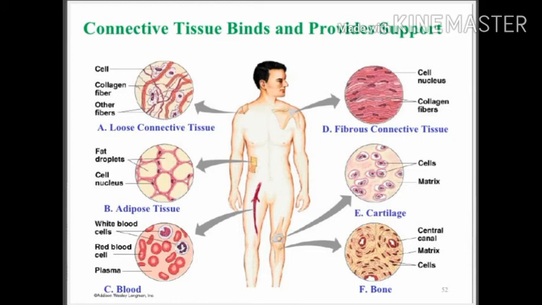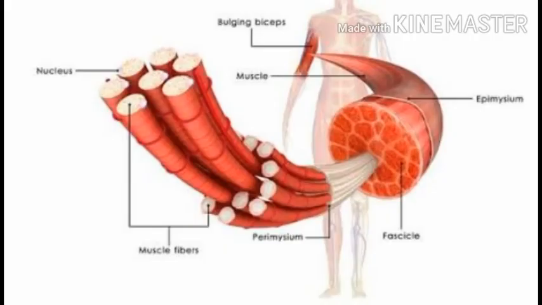Let us now move on to the next type of tissue, that is muscular tissue. The muscular tissue is made up of muscles. Muscles are present both outside the body and within the body in the organs.